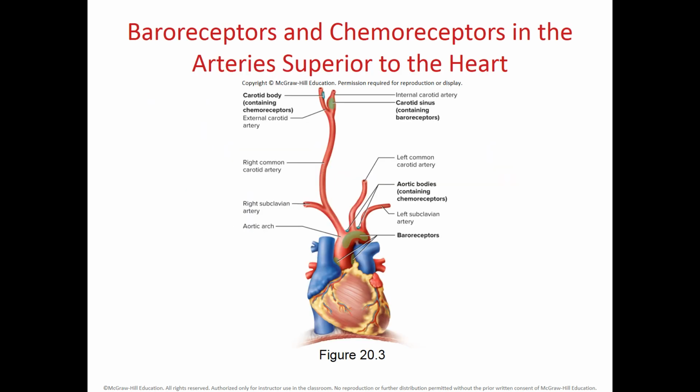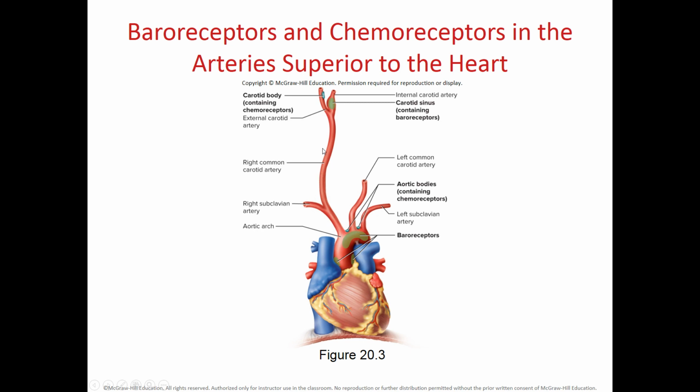So this is the location then of the baroreceptors and chemoreceptors. In here, in the aortic arch, we have these baroreceptors, and then we have these chemoreceptors that are known as aortic bodies.